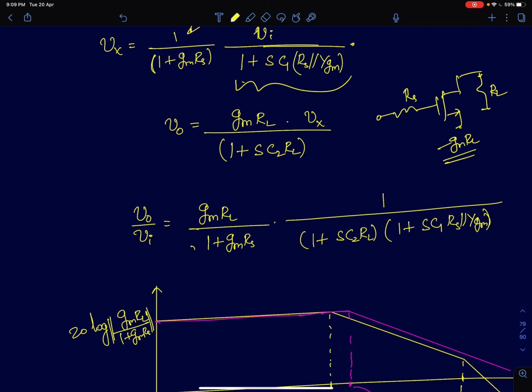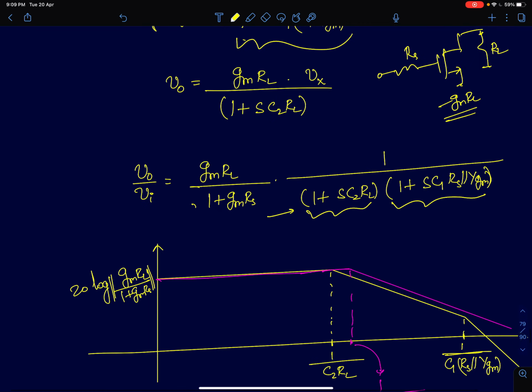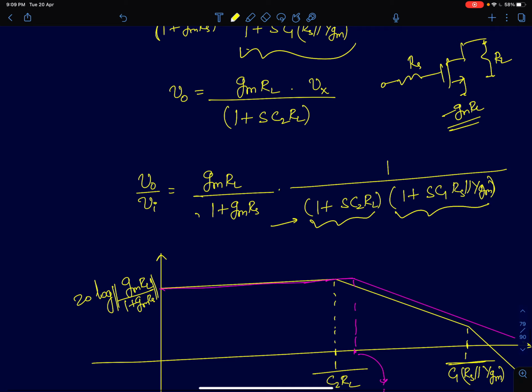Now the overall transfer function includes both the poles here, which is 1 plus S C2 RL into 1 plus S C1 into RS parallel 1 by gm. Here I am going to make some approximations and see how the frequency response looks before and after adding the parasitic capacitors.